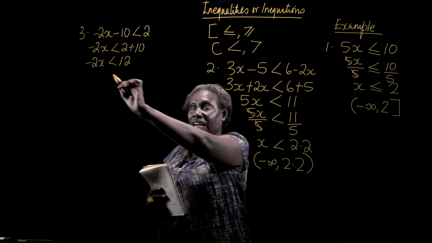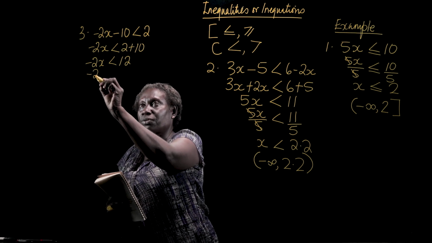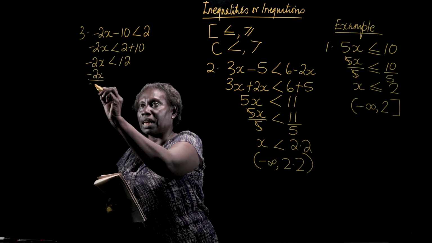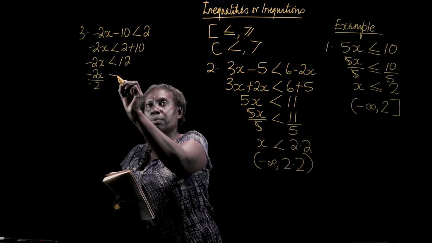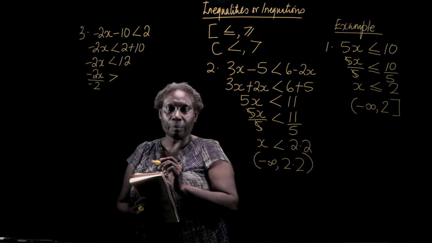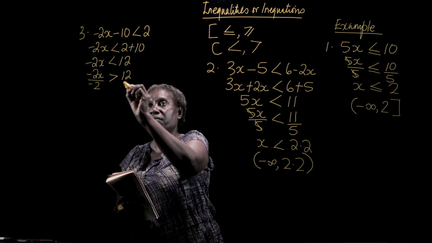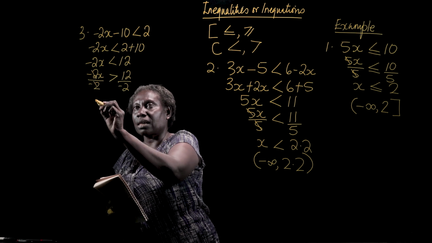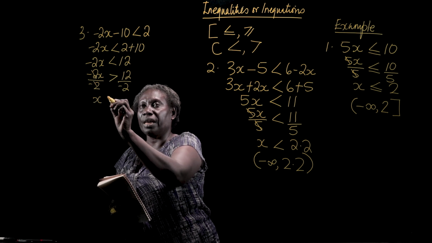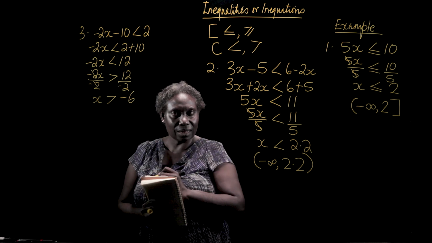So since we are dividing by negative 2, we have negative 2x over negative 2. Since we have divided by negative 2, this symbol will reverse and it will become a greater than. So we have 12 divided by negative 2. This cancels out, so x will be greater than negative 6.